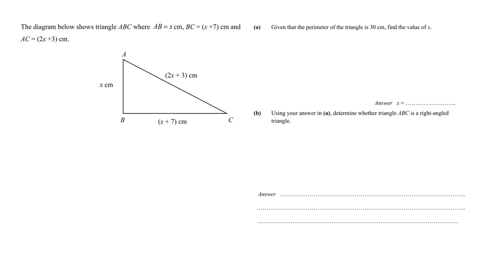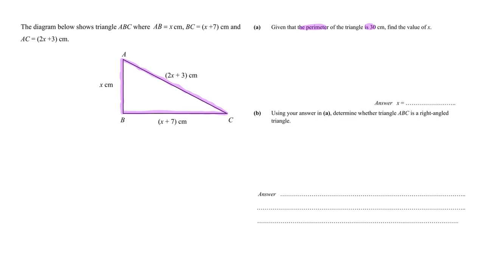Hello everyone, welcome to this question where we are given a triangle with the following sides that are given, and we are also given the perimeter 30, which means that this plus this plus this is equal to 30 cm.